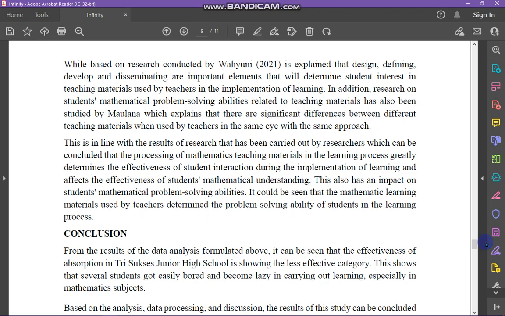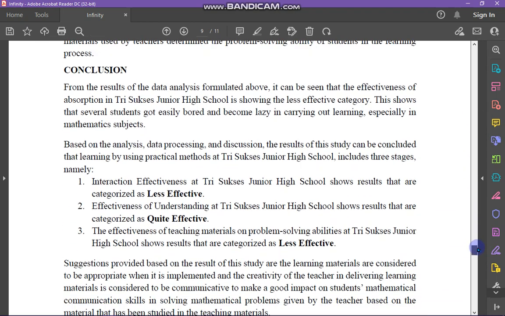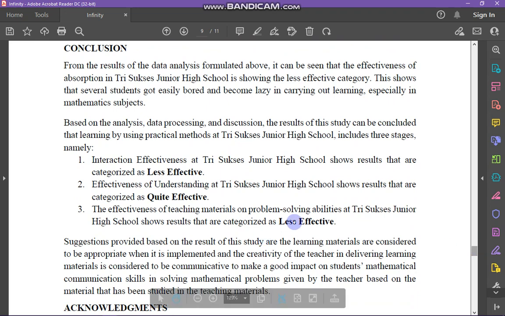Next, the authors' conclusion. There are three conclusions from the authors. The first, interaction effectiveness at 3 Success Junior High School shows results that are categorized as less effective.